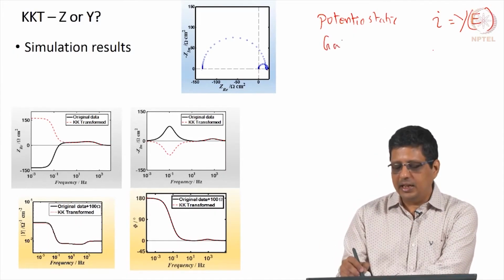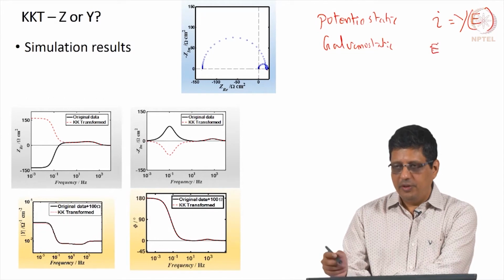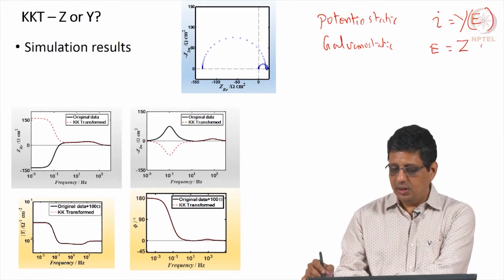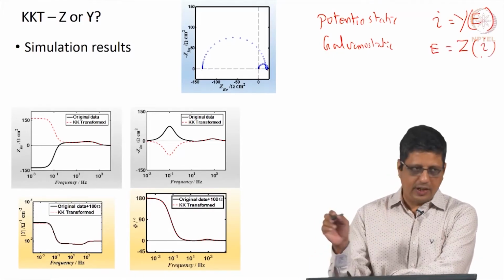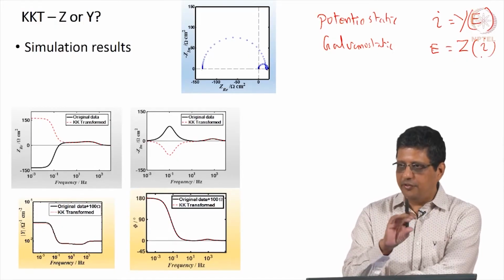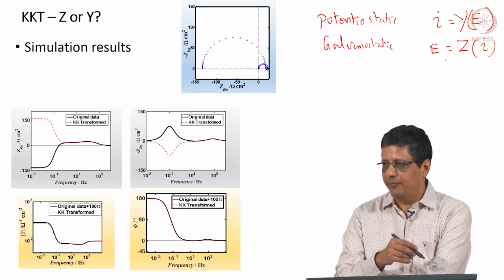Under galvanostatic control, we measure potential oscillations. We apply sinusoidal current, we get the potential and we do FFT on it, whatever analysis we do, and based on that we calculate the impedance.